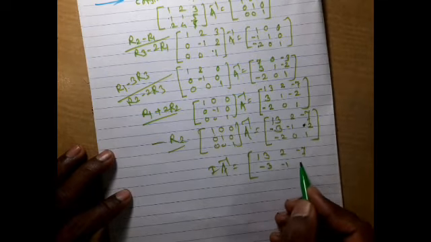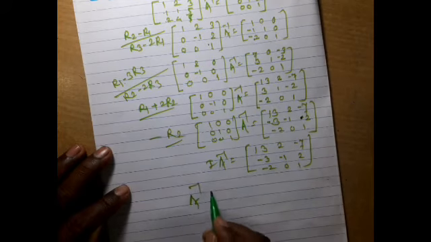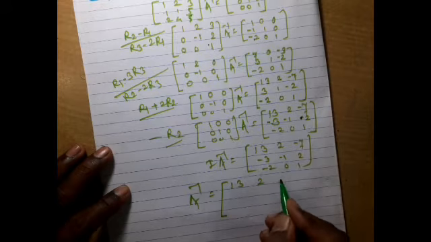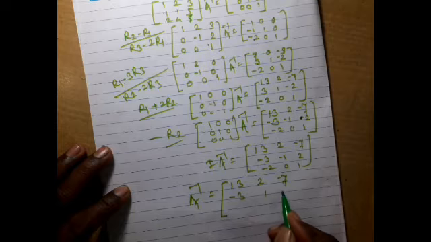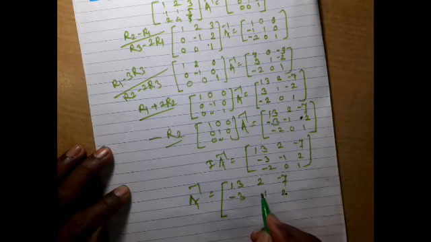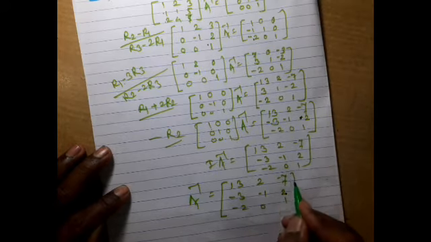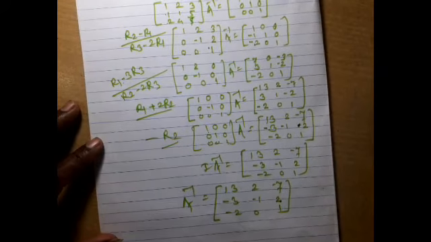Minus 3, minus 1, 2, minus 2, 0, 1, and hence A inverse is 13, 2, minus 7, minus 3, 1, 2, minus 1, 2, and minus 2, 0, 1. So this is by elementary row transformation.